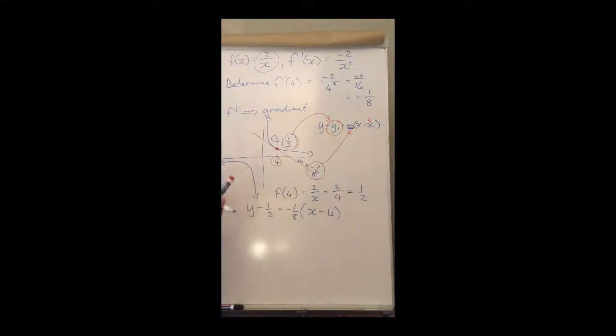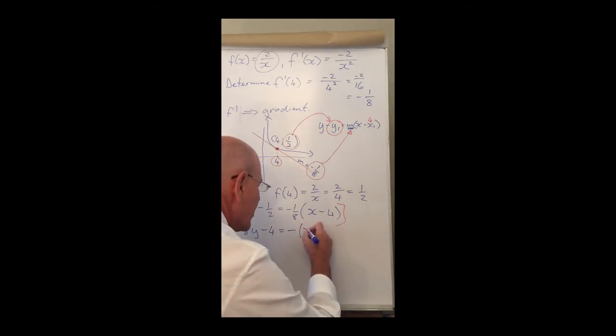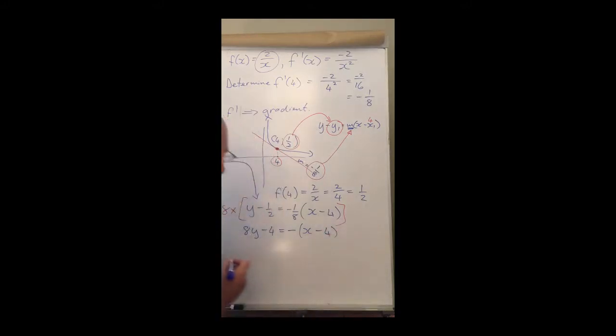I'm going to take this whole equation and multiply it by 8 so that I can get rid of that 8. 8 times y gives me 8y. 8 times minus a half gives me minus 4, equals, that will cancel out, I only have a minus there, and in my bracket I have x minus 4.